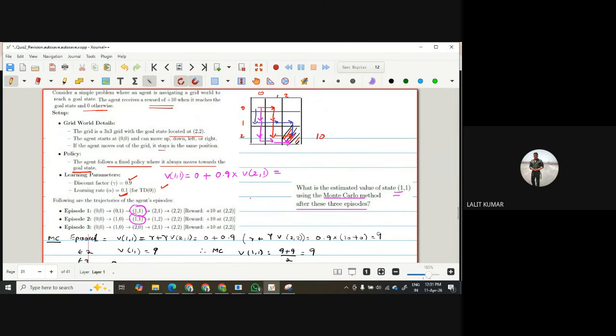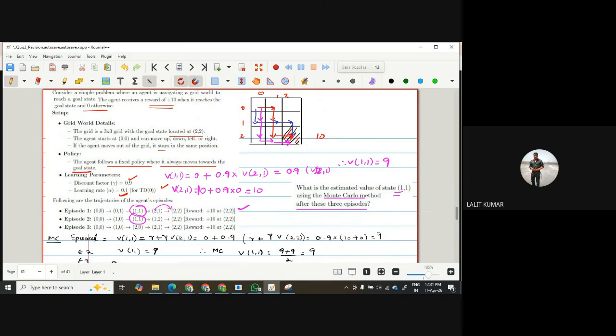We don't know the value of 2,1 presently, so this is 0.9 into V(2,1). Now we calculate the value of 2,1: it goes from here to here, 0 plus the reward, which is 10, and 0.9 into 0, is equal to 10. Therefore, the value of 1,1 will become 9 for the first episode.